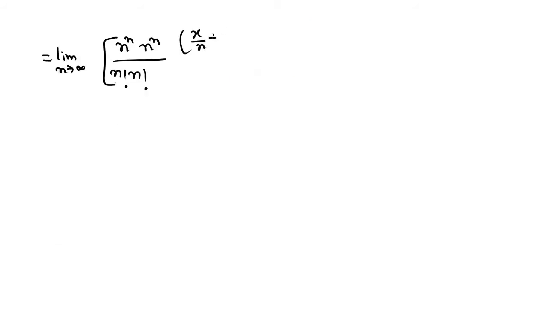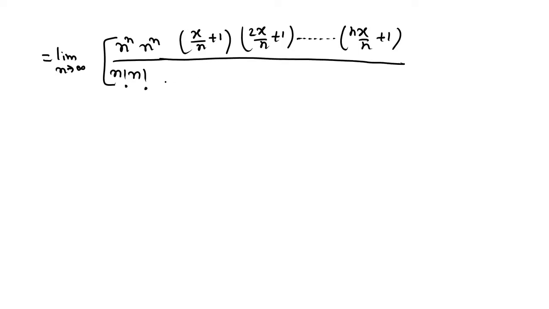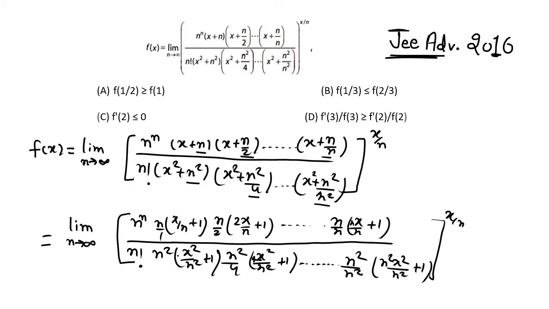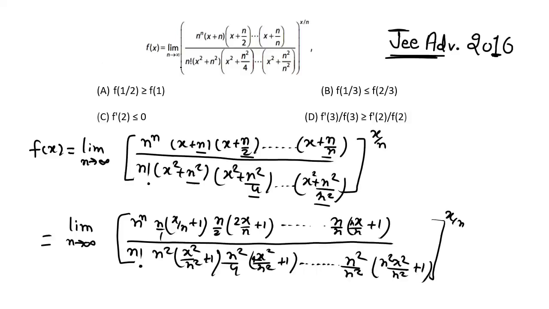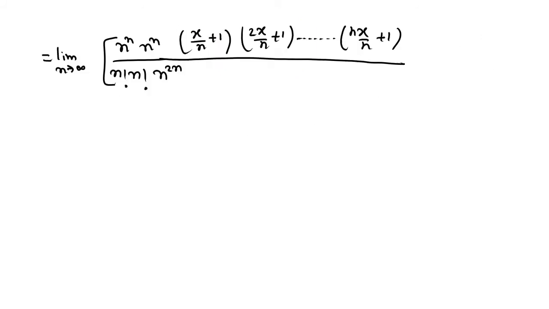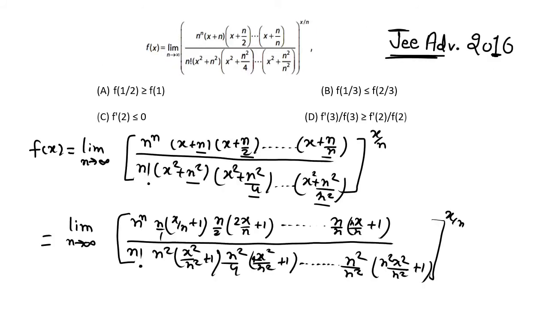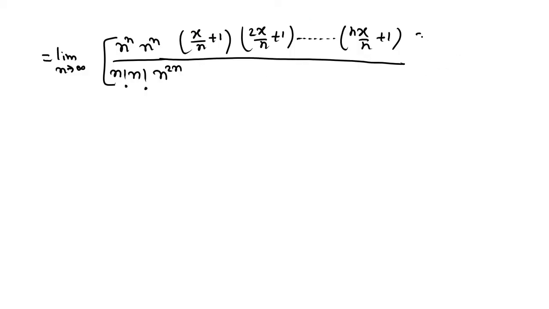In the other terms this will become (x/n + 1)(2x/n + 1) and so on, up to (nx/n + 1). But in the denominator this will become n raised to the power 2n, because n² is common n times. And if you look at the denominator terms which we have taken common, these are 1, 4, up to n², so we can say it is the square of n factorial.